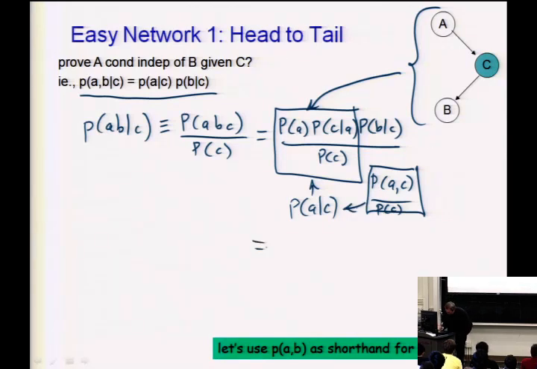So in other words, this equals the probability of A given C times the probability of B given C. Good. So we've proved it.